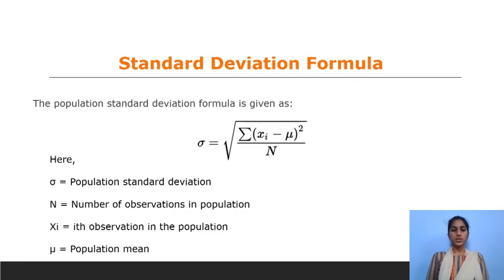The population standard deviation formula is given as sigma, the standard deviation, is equal to root of summation xi minus mu whole square by n. Here, sigma is equal to population standard deviation, n is equal to number of observations in the population, xi is equal to nth observation in the population, mu is equal to population mean.